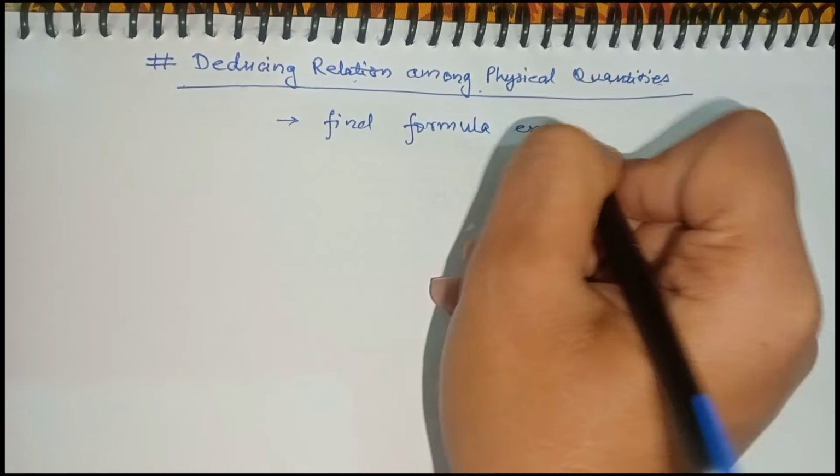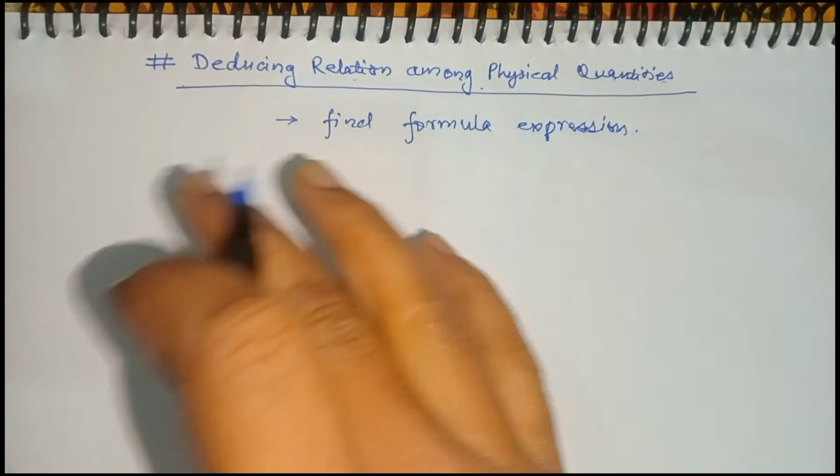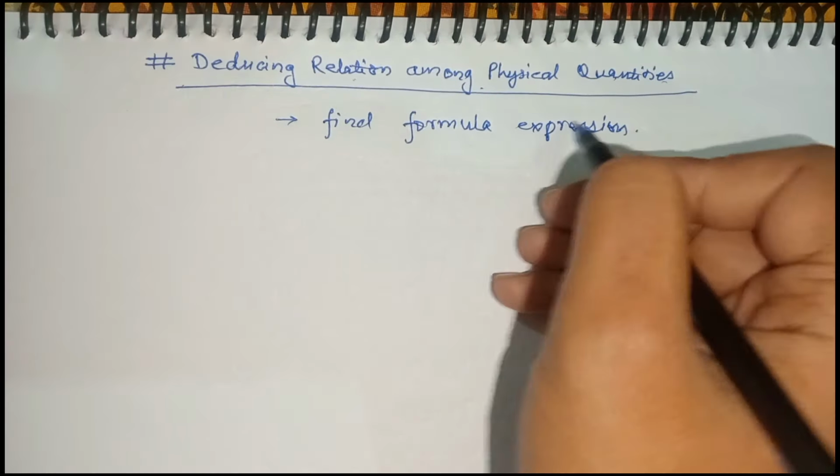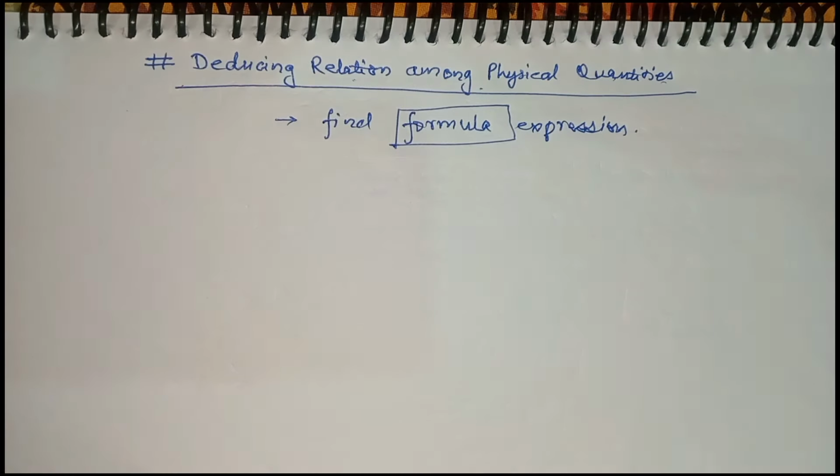Not the exact one, but similar to the exact one. Dimensional analysis is used to find a formula. Let us take an example. Suppose we have to find the formula of the time period of a simple pendulum.